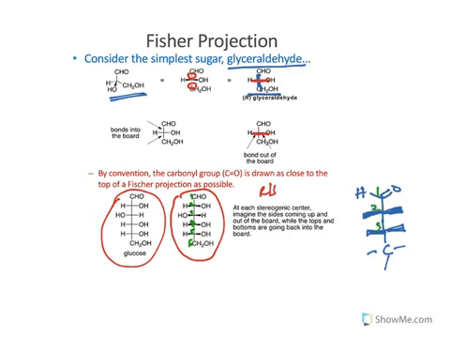Now our interest is to label carbon number 2 as either R or S. To do that, we are going to employ the concept that we have learned before, and that is the Cahn-Ingold-Prelog rules, where we are going to prioritize the substituents in the order of the atomic number.